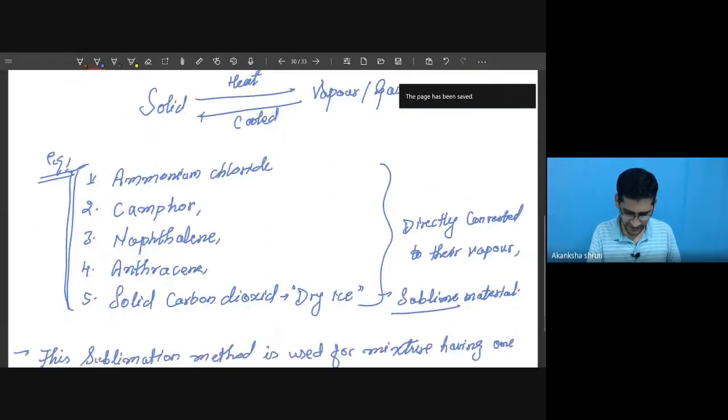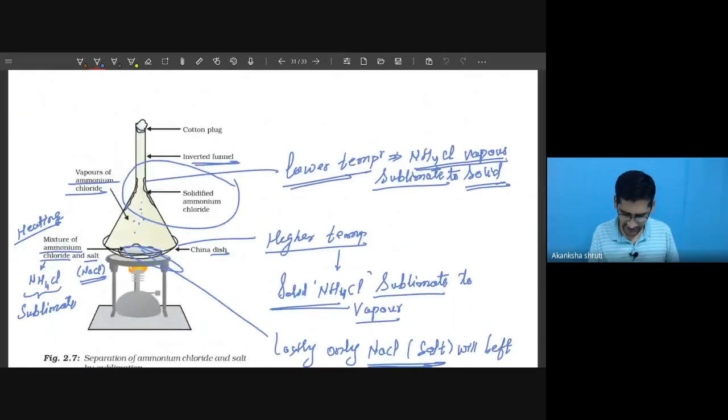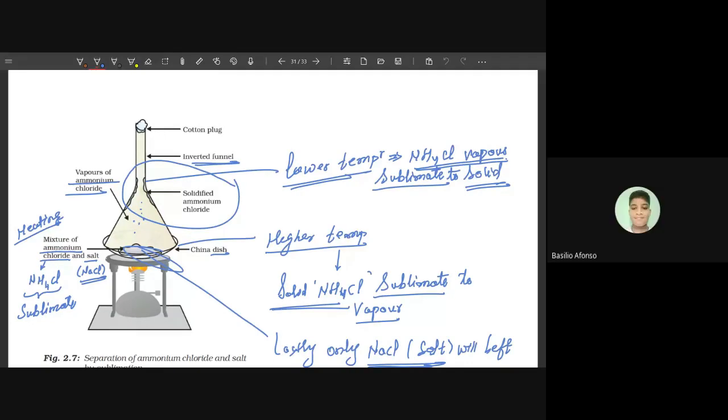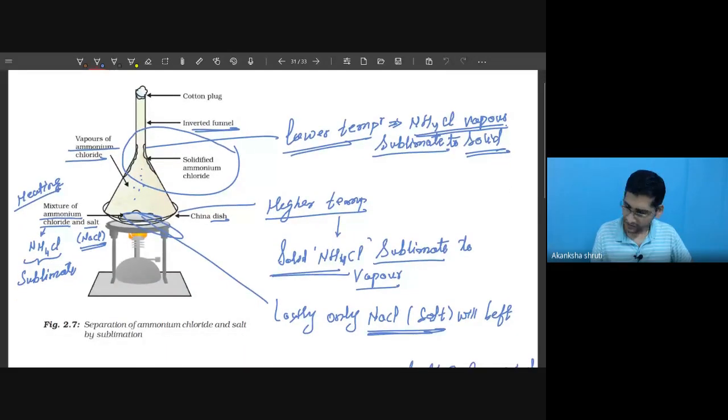So sublimation is the process of directly converting solid into vapor. When the mixture is heated, the sublime material gets sublimated and later sublimated back to solid. First sublimation is solid to vapor, then vapor to solid. As a result, the sublime material gets deposited and separated from the mixture.